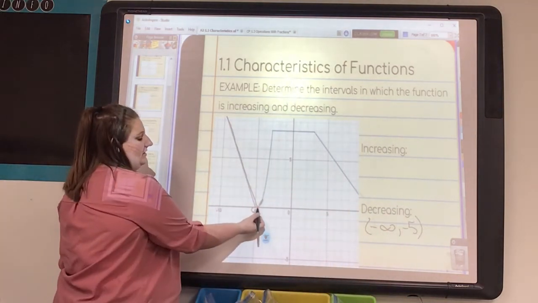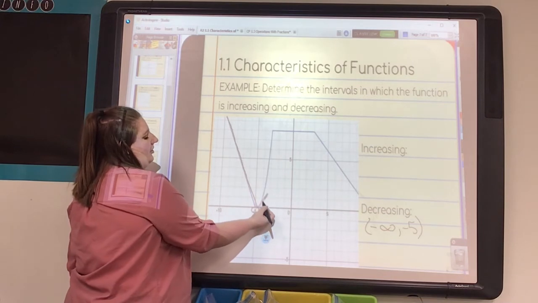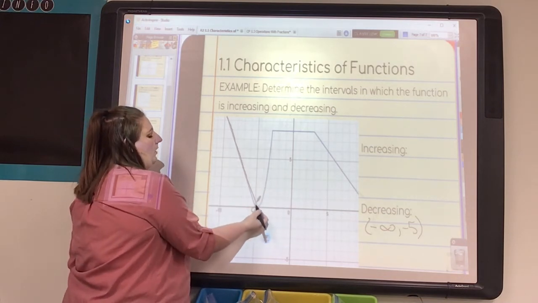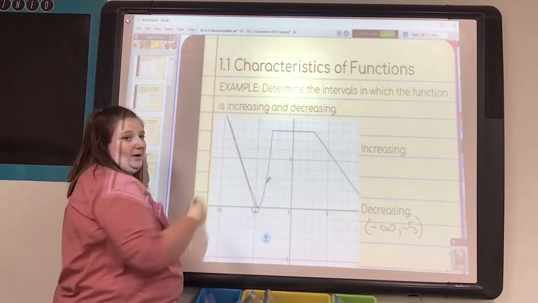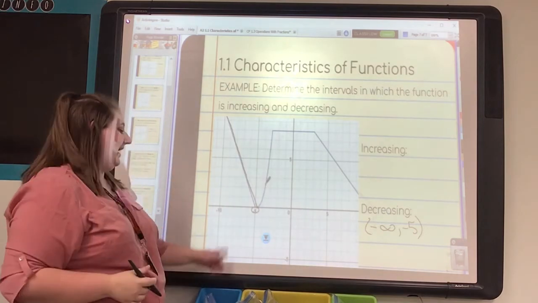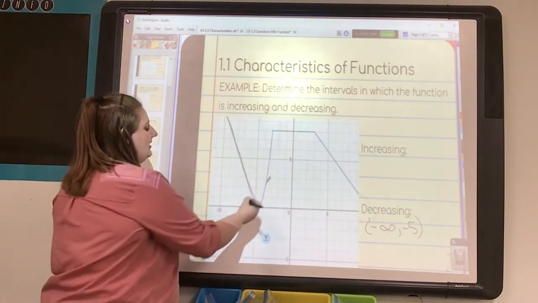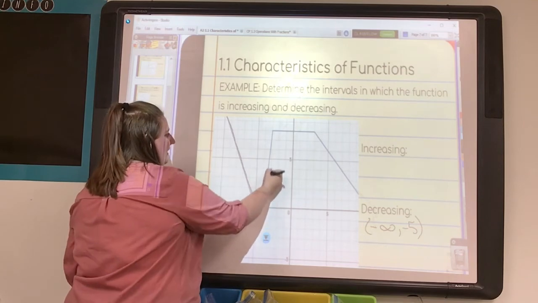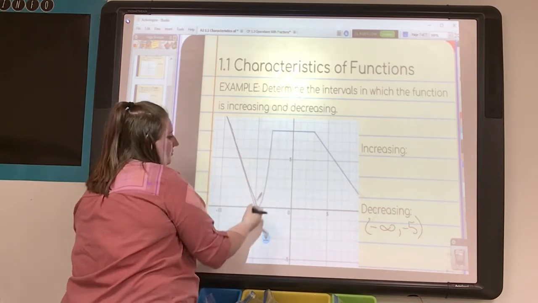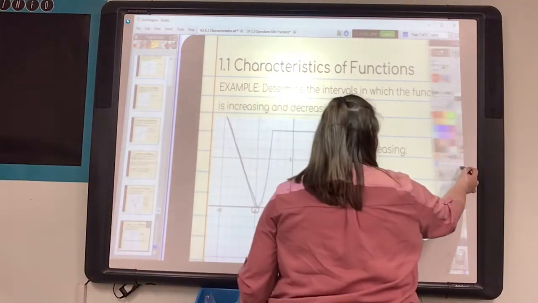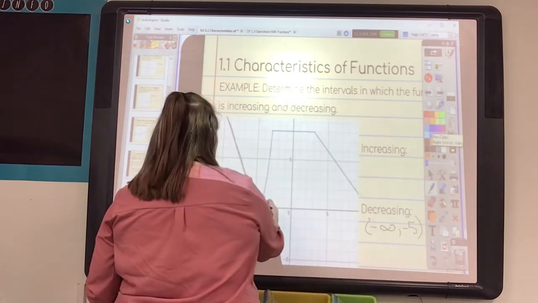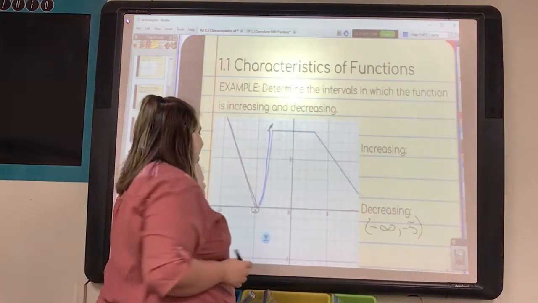All right, next, as we continue along our graph, our y values are starting to get bigger. Our graph is sloping upwards as we move to the right. So because of that, this portion right here is increasing. So through here, we're going to be increasing.